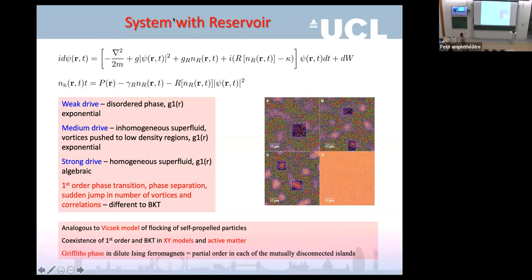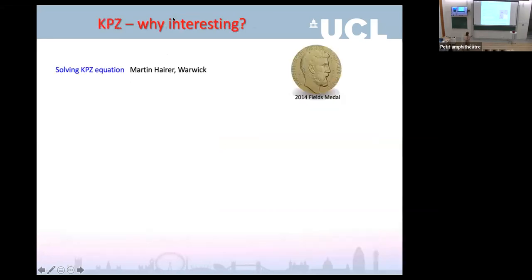So that's already a departure from the usual BKT, what we are used to in cold atoms or in helium. In cold atoms, I guess, the transition is not taking place in the same way, via inhomogeneous formation of a condensate before we reach a homogeneous condensate. So that's quite different.